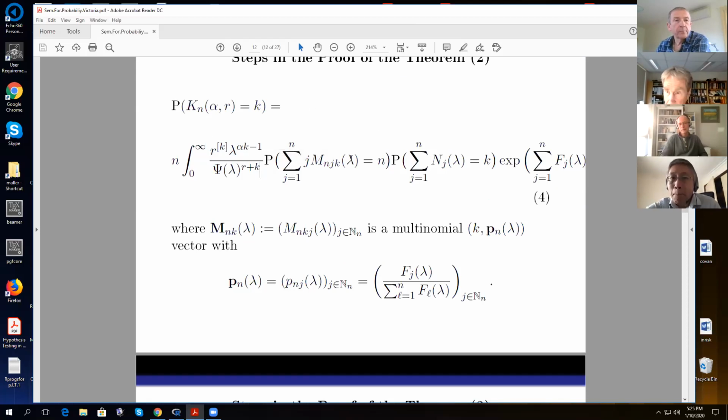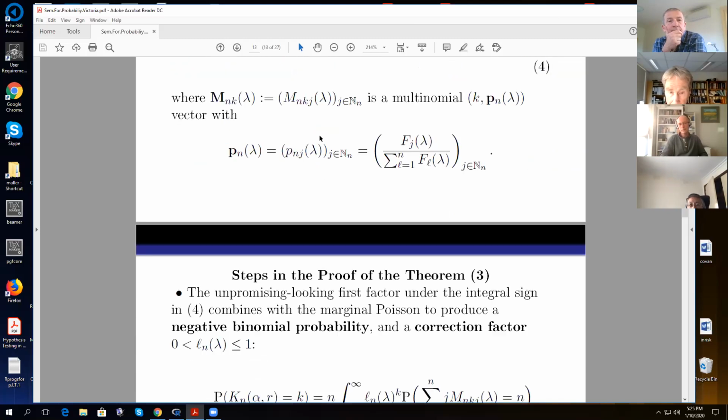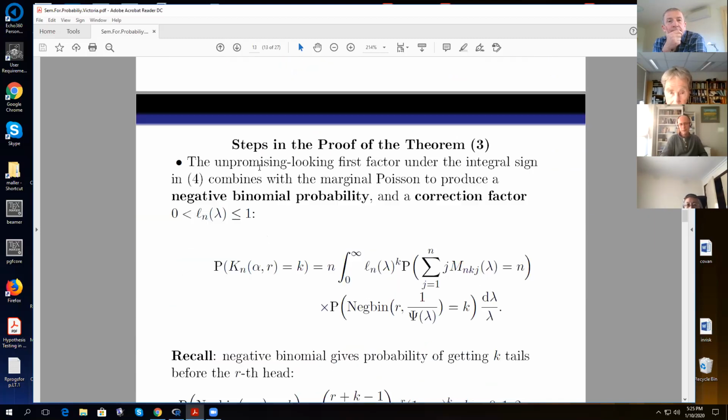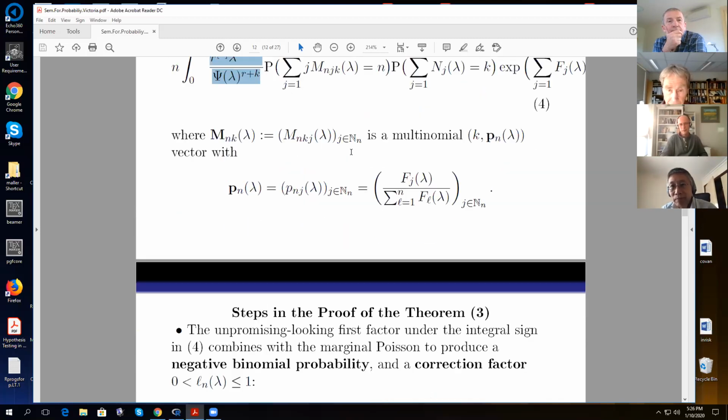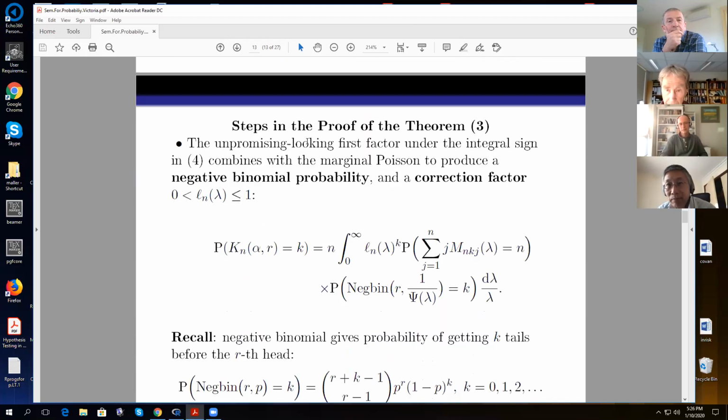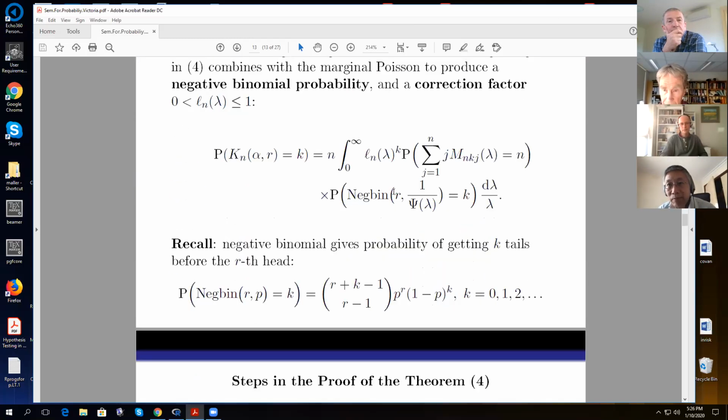So now from number 4, what will I do? Steps in the proof. The unpromising looking first factor under the integral sign, by which I mean this bit here, if you look at this long enough, you can see that it is very close to being a negative binomial probability. So I will define a negative binomial random variable with parameters r and 1 on psi lambda.